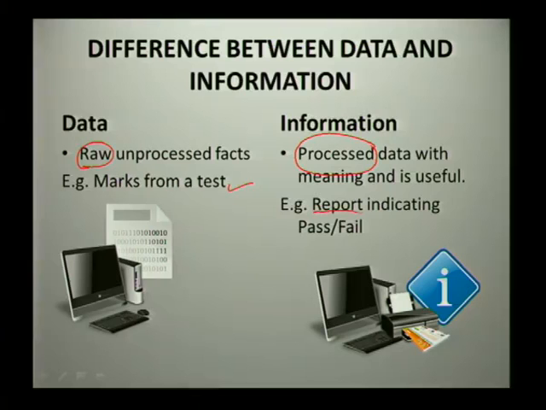It has no meaning. It has not been processed. And then information, it's when your data has been processed and now it's meaningful. Now, in terms of the marks that we're using, you would get marks from a test, which is still data. And once you get a report indicating whether you have passed or failed, now that becomes information.